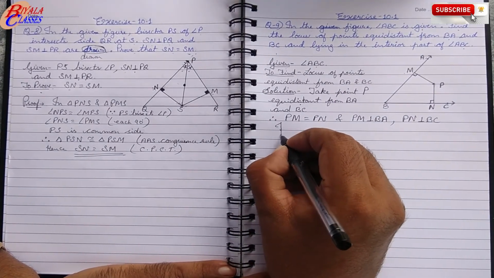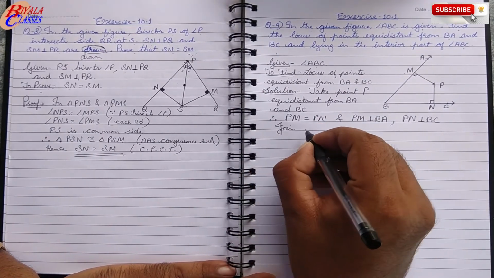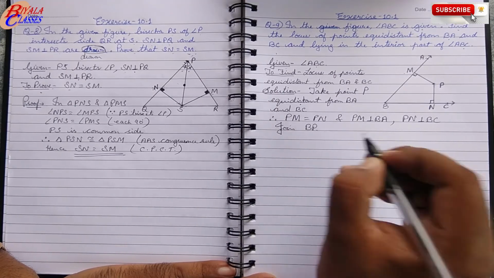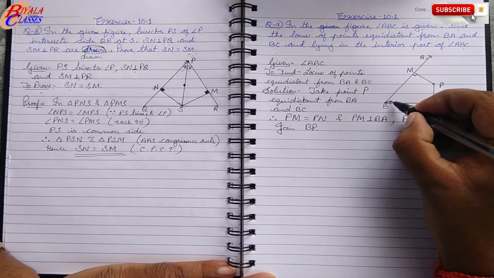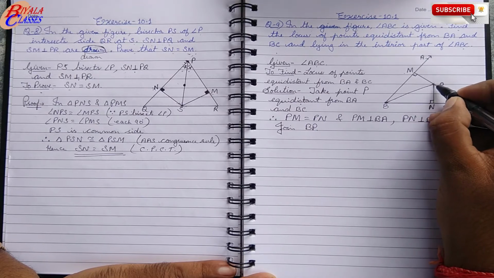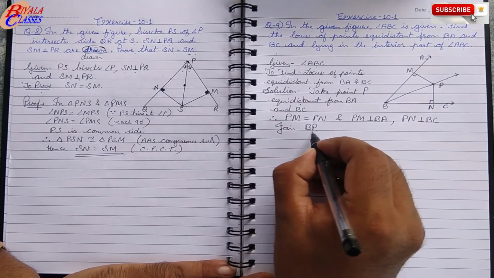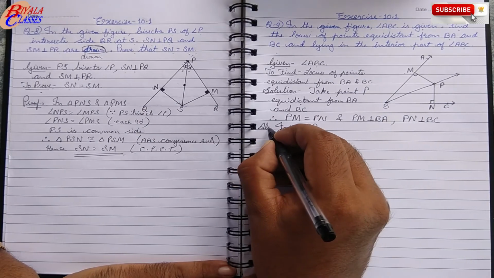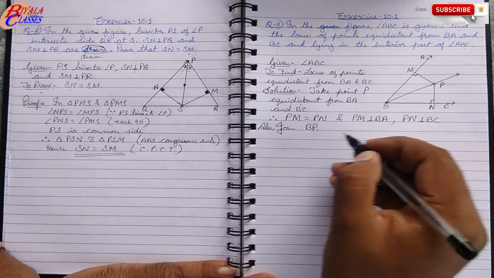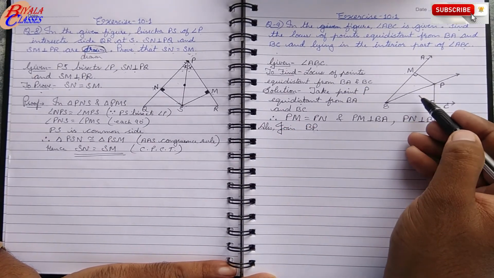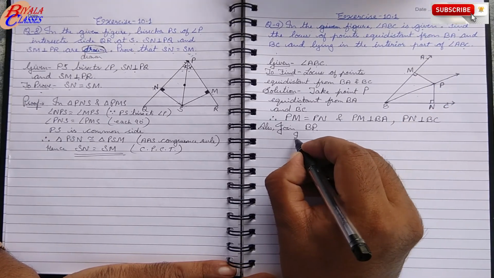Now join BP. If you join this BP, or say you have to draw a ray BP, now we are getting two triangles.